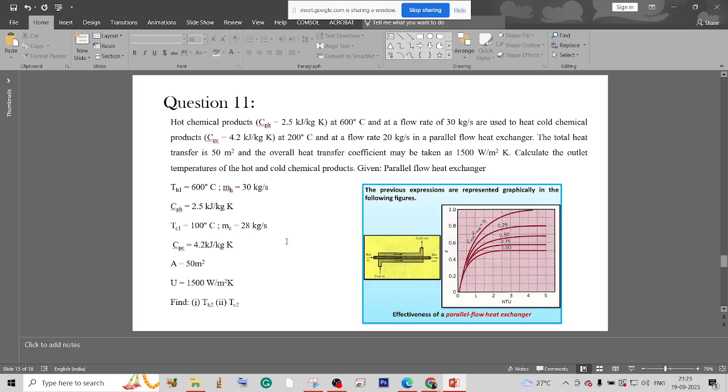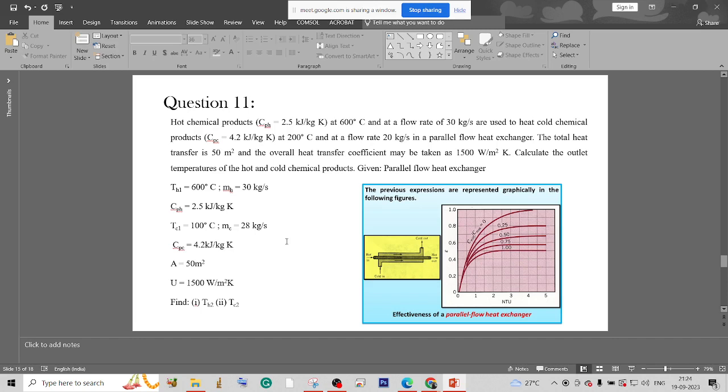Parallel flow heat exchanger is given here. Right. So for parallel flow, the graph is also given for calculating the effectiveness for corresponding NTU.